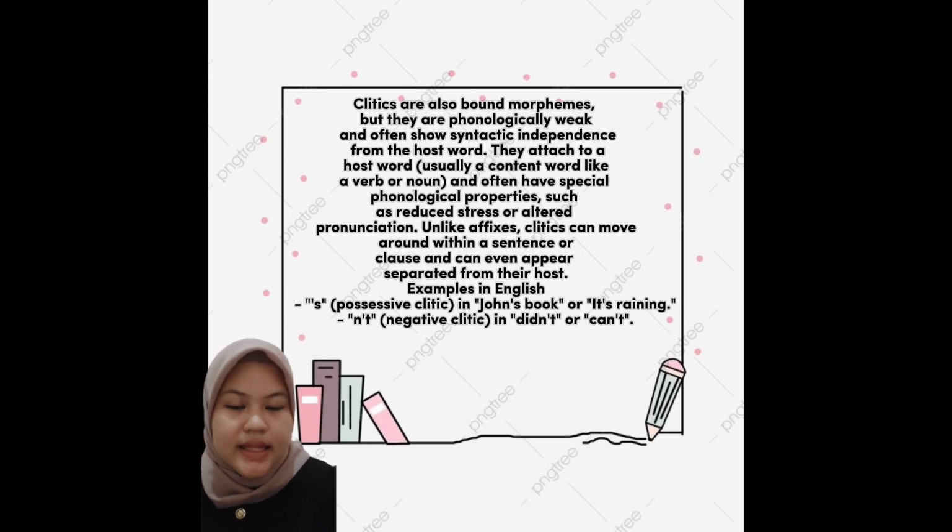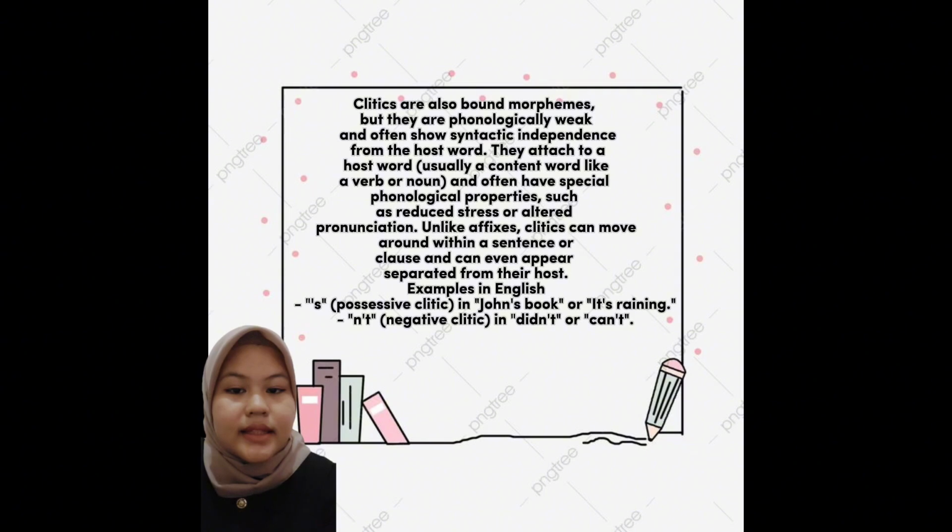Unlike affixes, clitics can move around within a sentence or clause and can even appear separated from their host. The examples in English include 's as a possessive clitic in John's book, or it's raining, and then n't as a negative clitic in examples of the words didn't, did not, or can't, cannot.